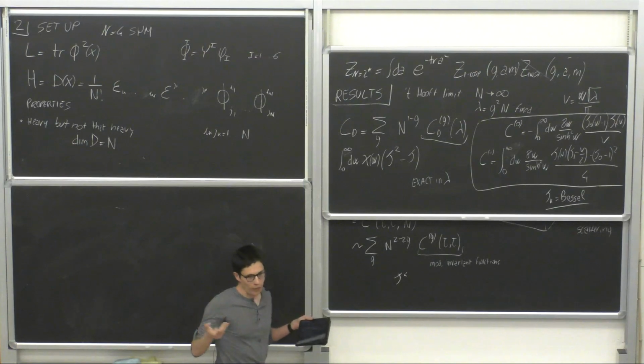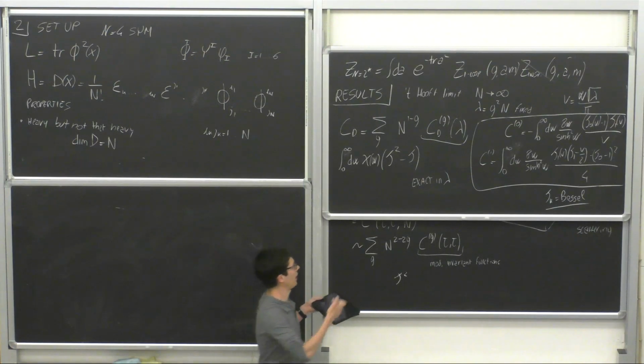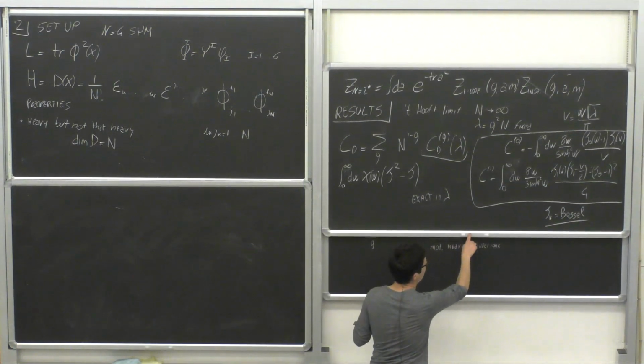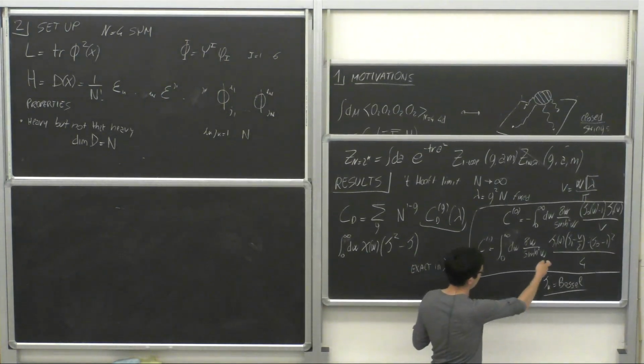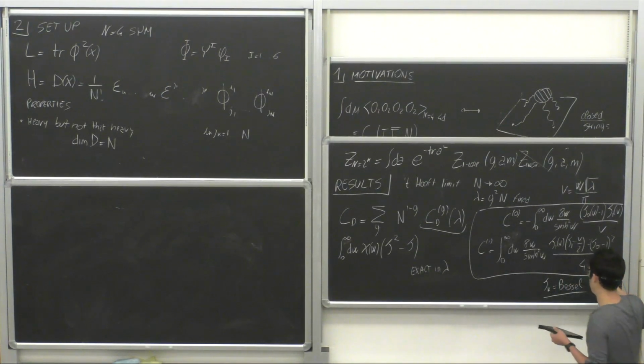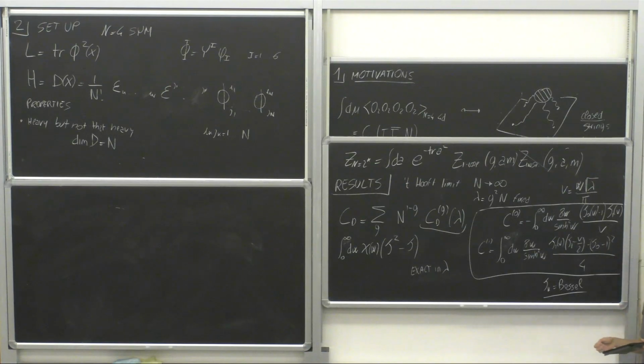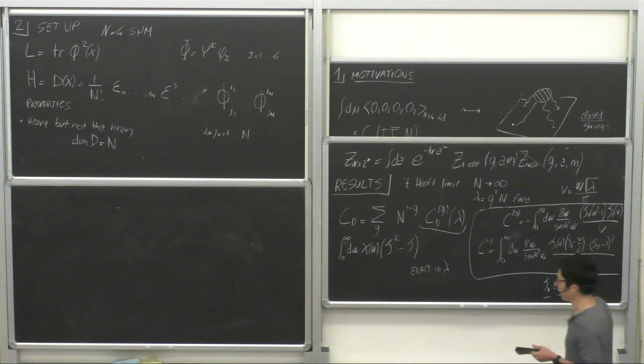In principle, I agree with you. It must be something like still combinations of these Bessel functions, I guess, even with higher degrees somehow, but with very random coefficients that we are not able to guess at this point. But yeah, in principle, I agree that the structure is remarkably simple.